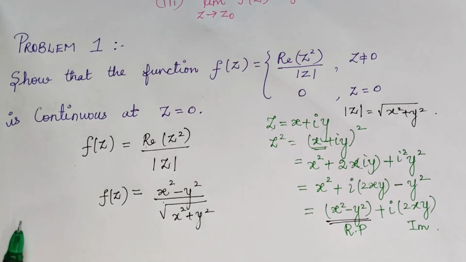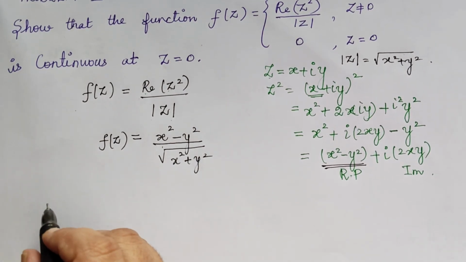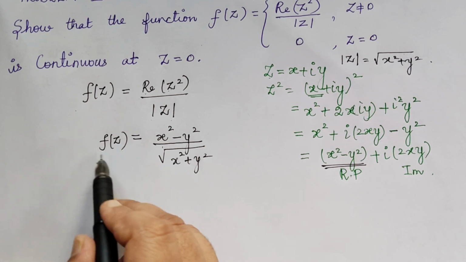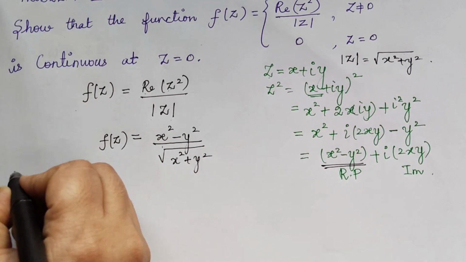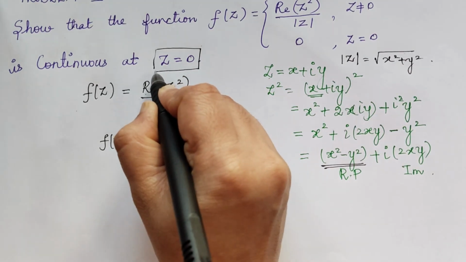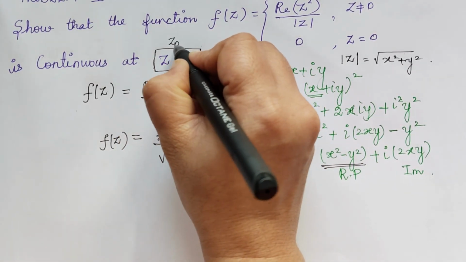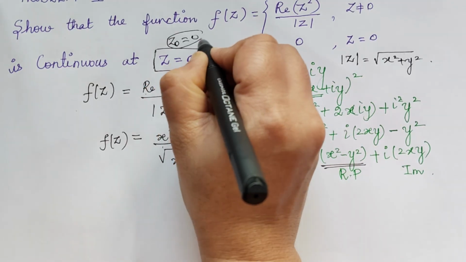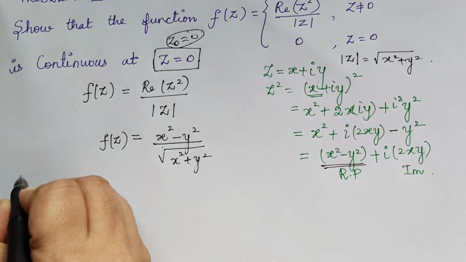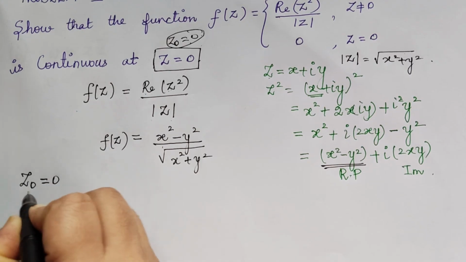Now we have to first prove the first condition, that is, the limit exists for this function. We are going to prove that it is continuous at the point z equal to 0, which means that the point z0 is equal to 0.